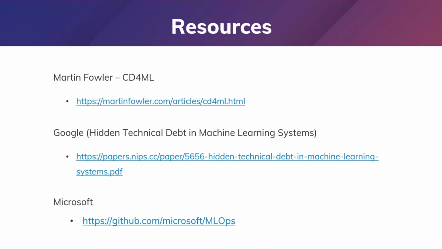Google's also a thought leader in this space. I recommend a research paper that they have published called Hidden Technical Debt in Machine Learning Systems, which really focuses on this specific area and teaches you a lot about what to be aware of and what to think about here. And also, of course, Microsoft, as always, is a thought leader as well, and they have a more general approach. Azure ML as a service is all about MLOps, to be honest.